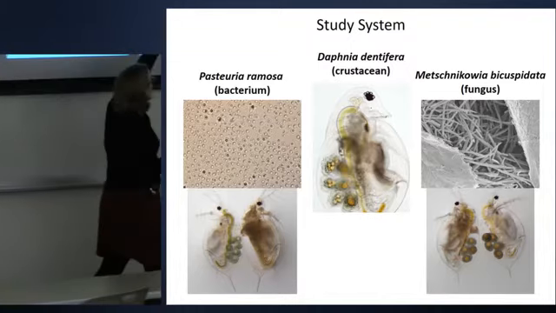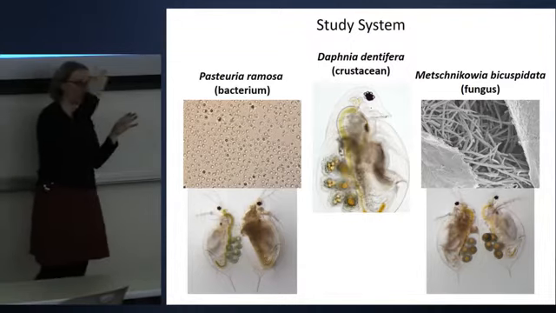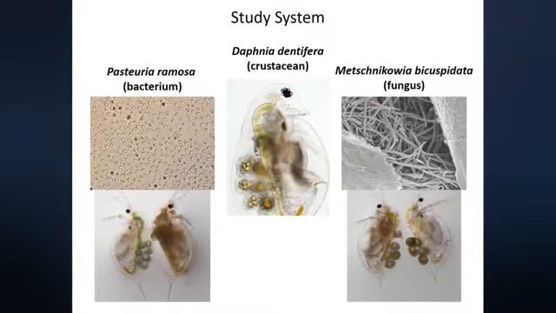So this is a scanning electron micrograph where I've sliced through the carapace, the outer part of the Daphnia's body, and you're looking into her body cavity, and it is entirely fungal spores, which does not seem very pleasant to me. And this is what they would look like under a dissecting scope with regular bright field microscopy. They look fairly similar at this level, but you actually can tell the difference even under a dissecting scope.